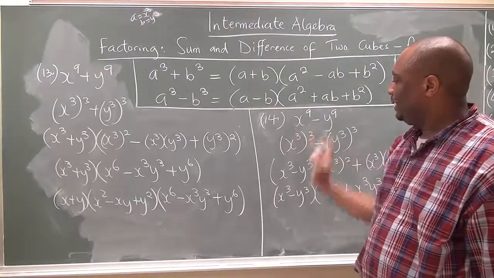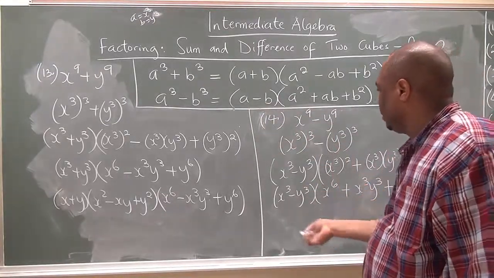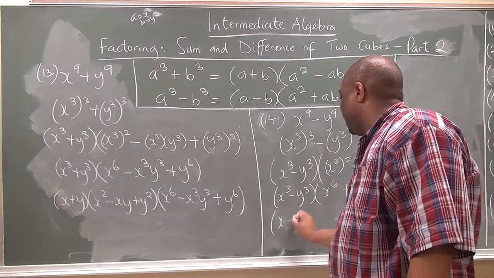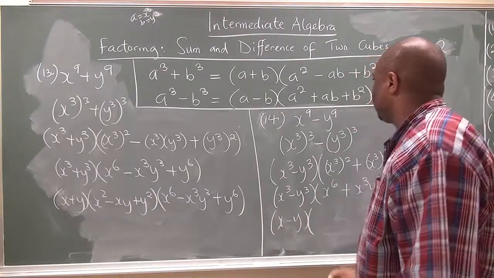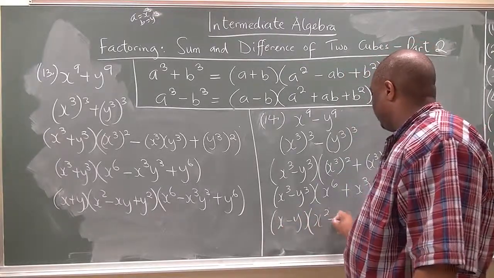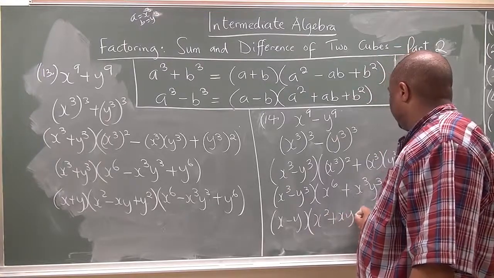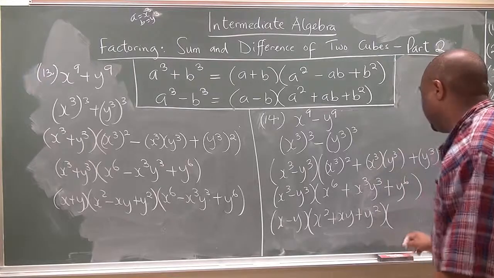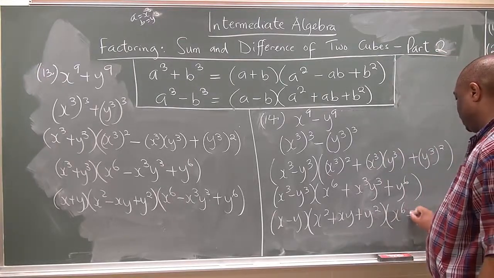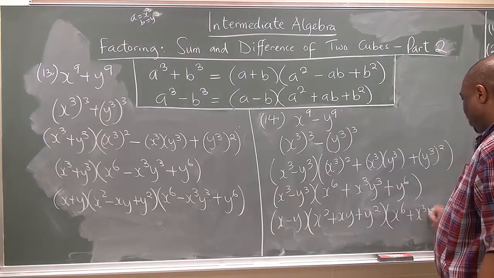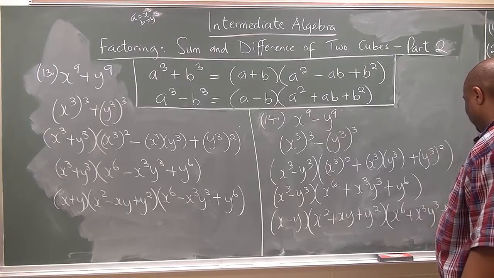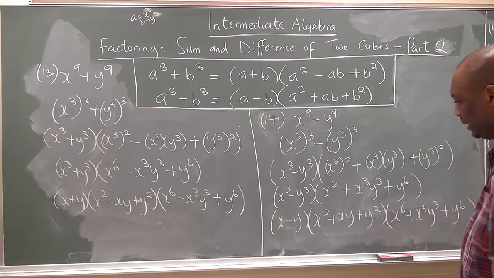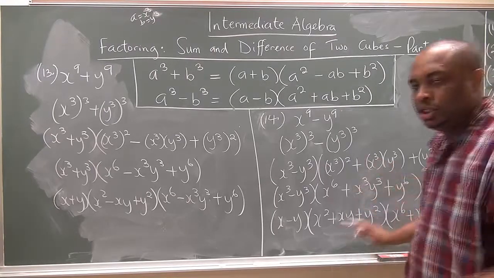In this case, your A is X and your B is Y. So this will be X minus Y times X squared plus XY plus Y squared times now X^6 plus X cubed Y cubed plus Y^6. Just leave your answer in this form, okay? This becomes your answer.